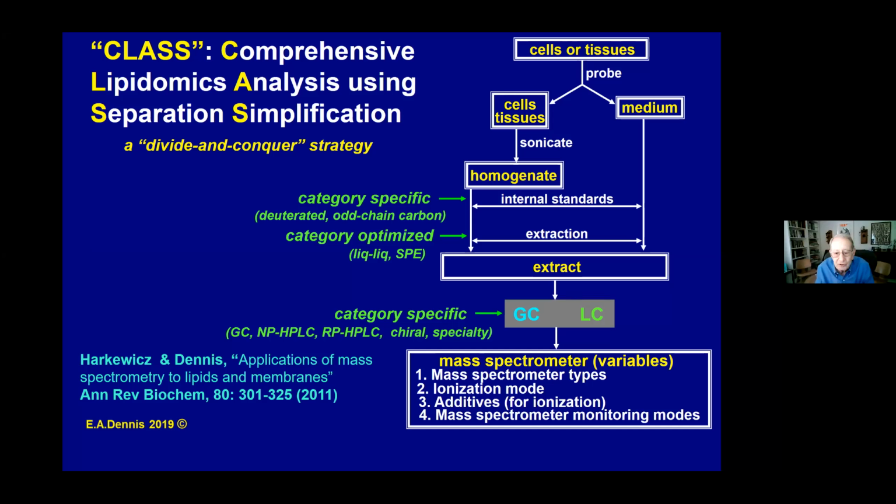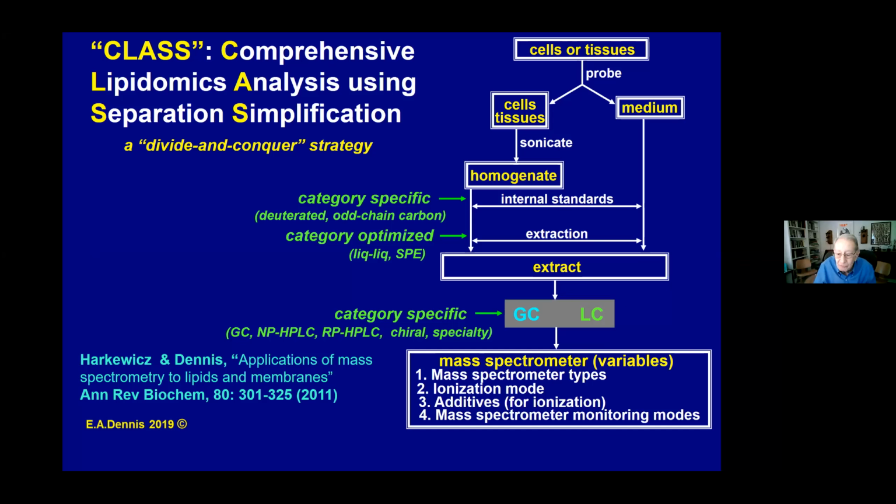And the field has moved to separation technology from the old days of thin layer chromatography, first to GC, and now, as you can see, abundantly to many forms of liquid chromatography. And for each category, the solid support differs, as does the solvents and the solvent gradient.